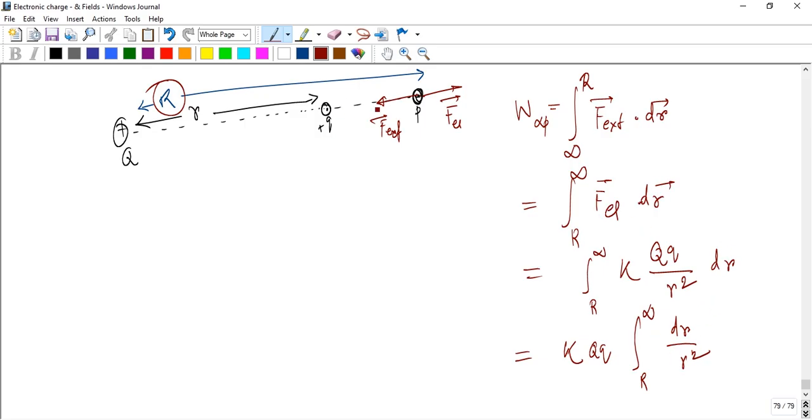The electrostatic force is in one direction and the displacement vector is in the same direction, so from vector algebra A dot B is AB cos 0 degree, and cos 0 is 1, so that is AB. So skip that part.